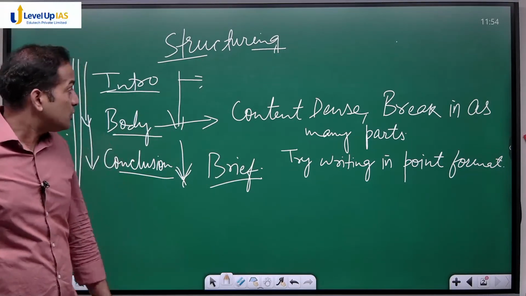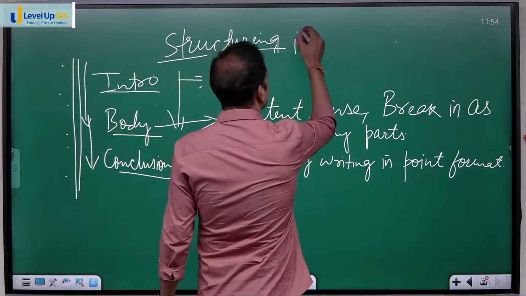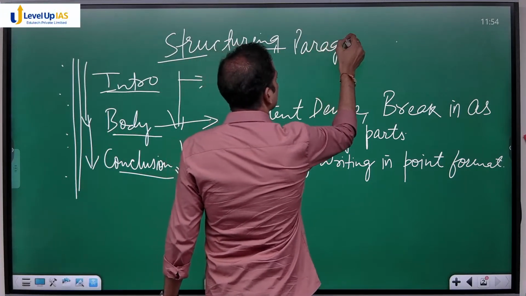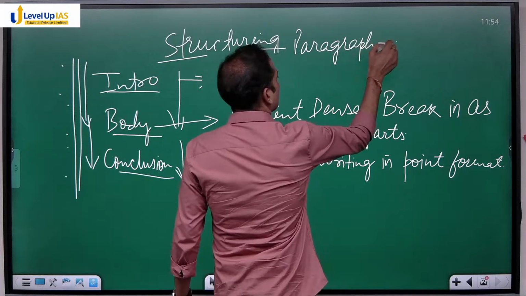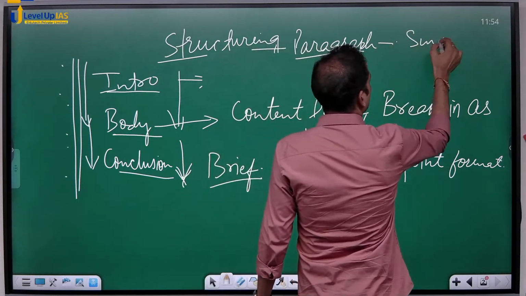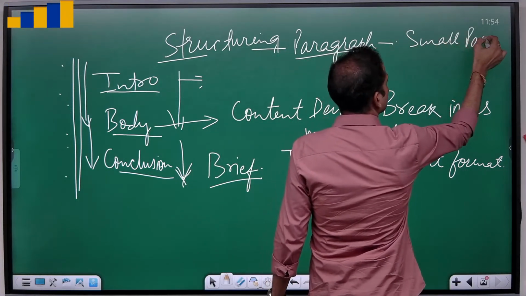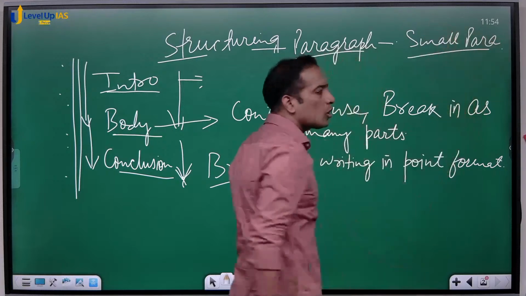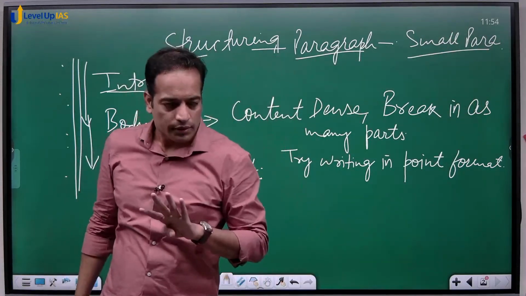And even when you are in paragraph format, always make small paragraphs. Not more than 3 lines, at the max 4 lines.